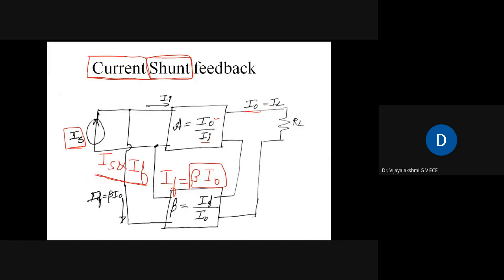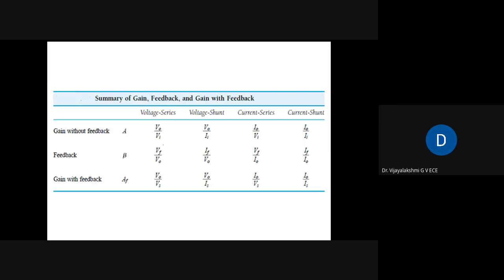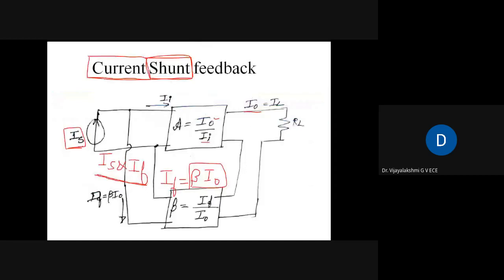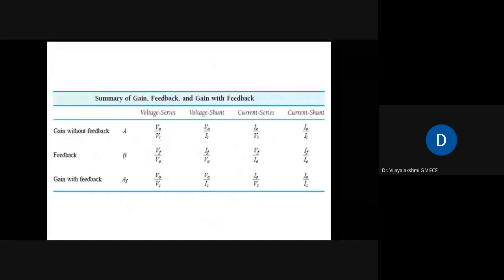So let us see the summary of all these four connections. You can see here the same thing, whatever I have shown here, is being tabulated. So voltage series, it is output voltage by input voltage. Voltage shunt, output voltage by input current. Current series, output current by input voltage.